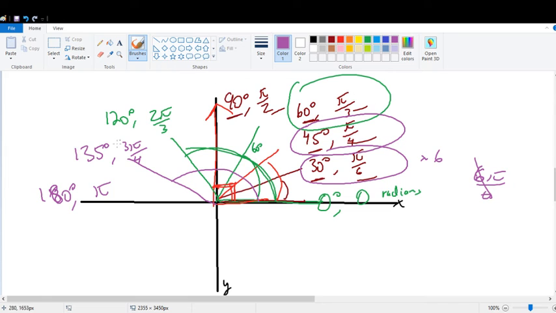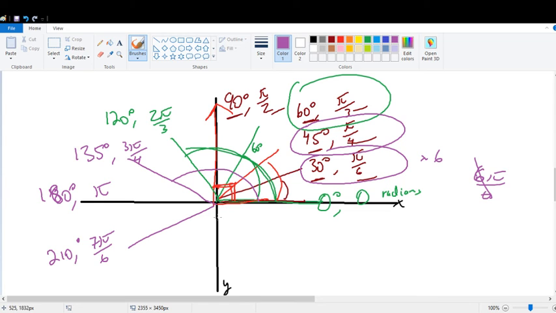So we can keep doing this all the way around. Let's do 30 times 7. 30 times 7 is 210 degrees, so pi over 6 times 7 is 7 pi over 6.